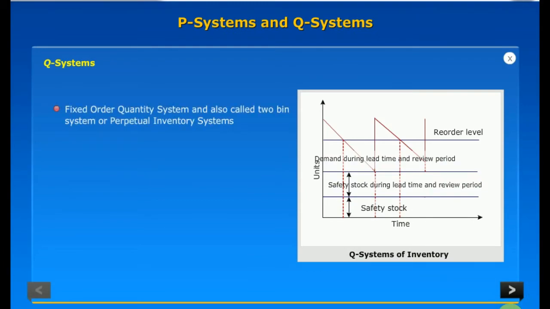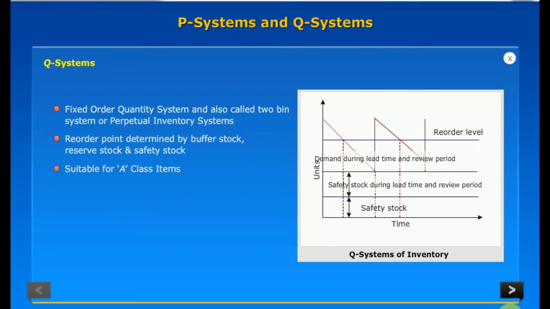Q systems. Fixed order quantity system, also called two-bin system or perpetual inventory system. Reorder point determined by buffer stock, reserve stock and safety stock. Suitable for A-class items. Requires continuous review of inventory.